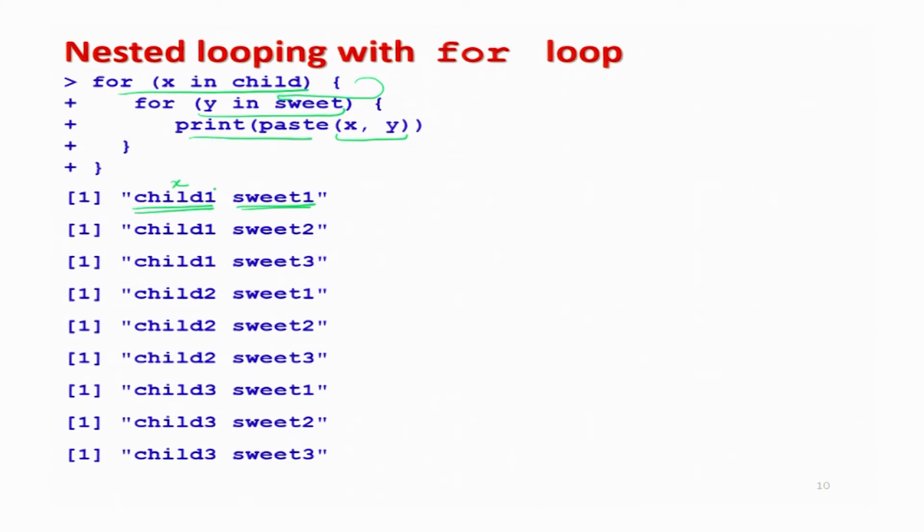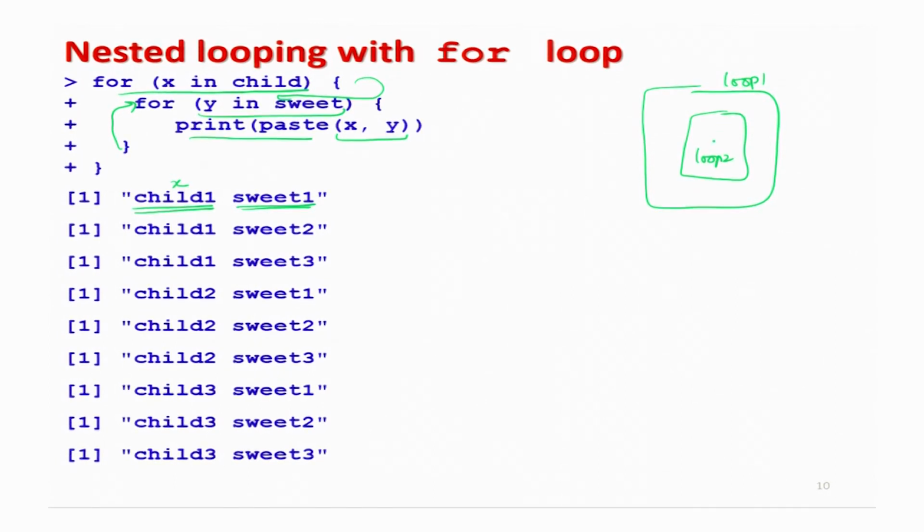Now the control will come to y. You have to understand that if I have one loop like this and another loop inside it, say loop 1 and loop 2, then it works from inside: whatever the values in loop 2 are, they are executed first, and then it comes out of the loop and chooses the values in loop 1.